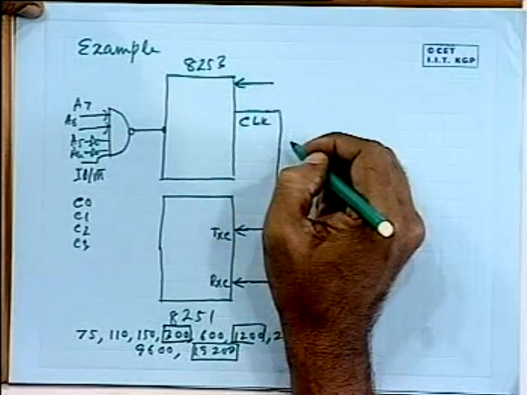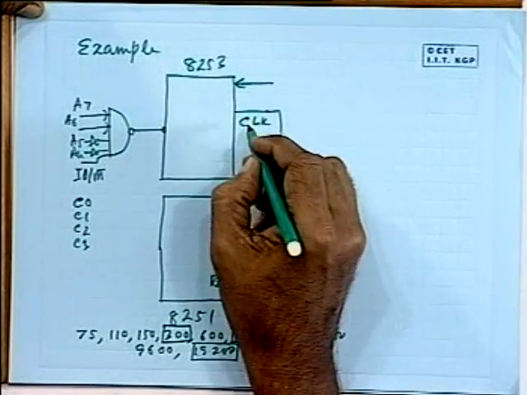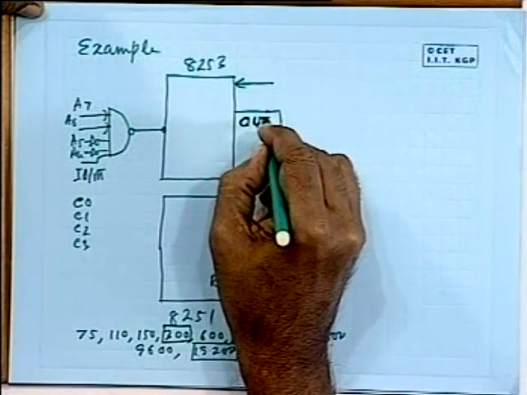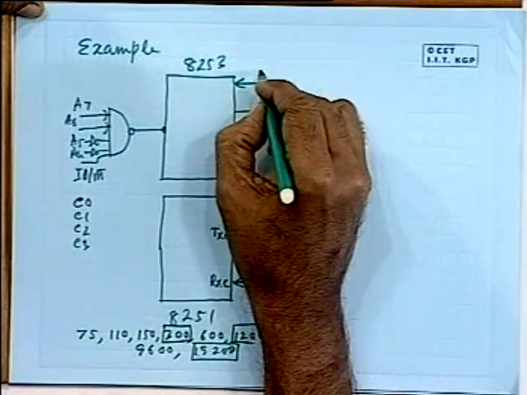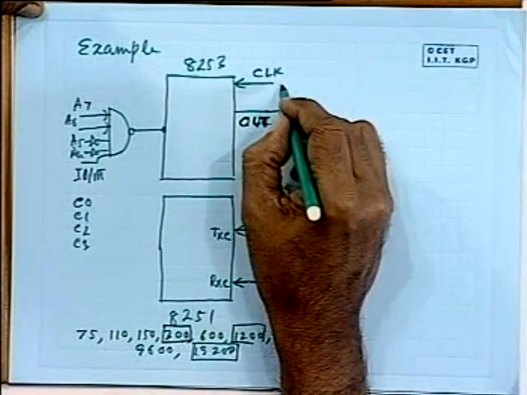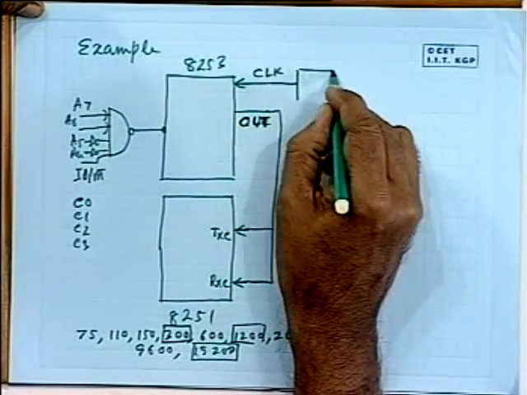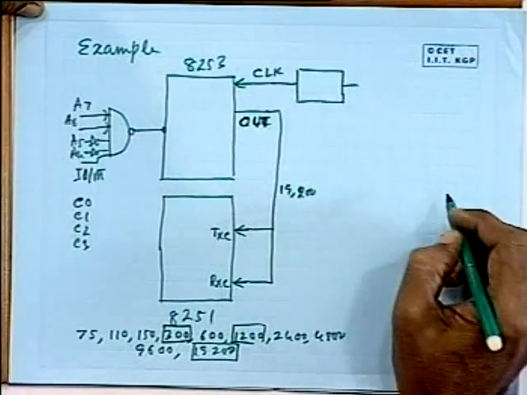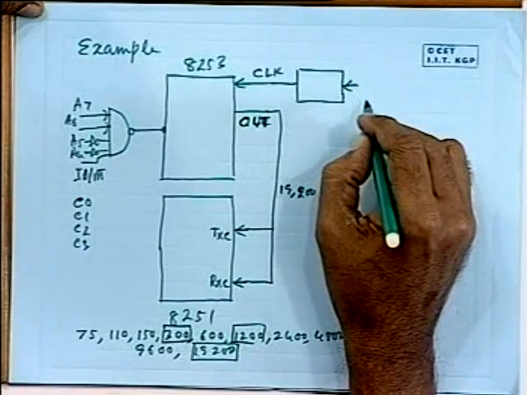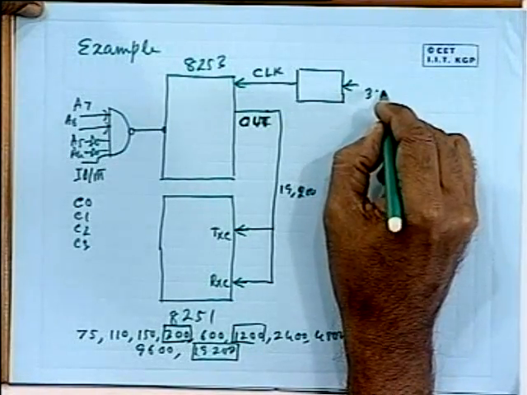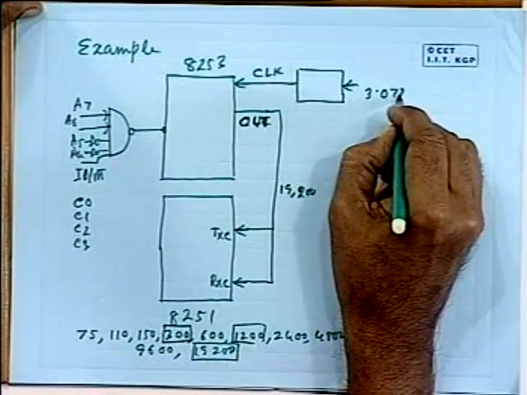This is connected to the OUT output, not the clock, but the OUT output of the 8253, and to the clock input you have to apply some clock. This clock can come from the clock output of the microprocessor. As you know, the clock output of the microprocessor has a frequency of 3.072 megahertz.